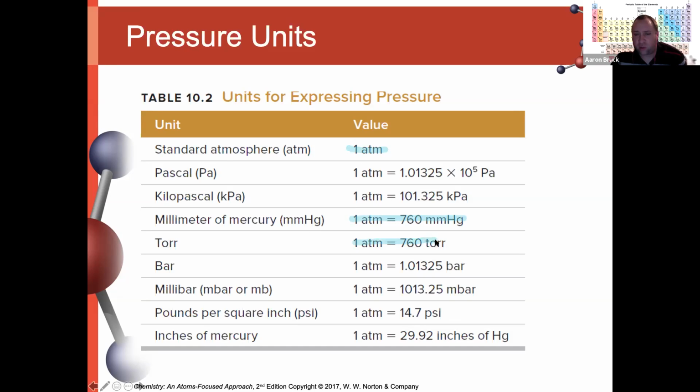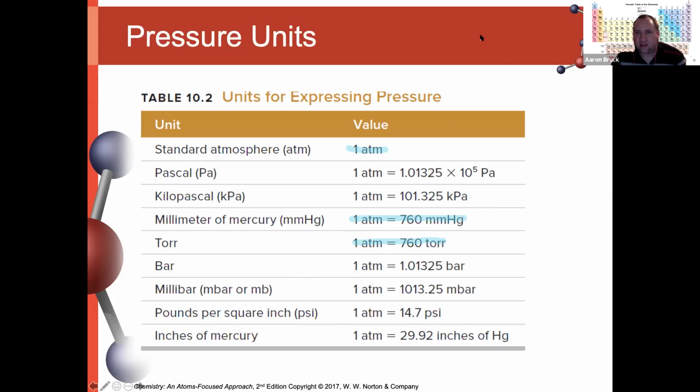Millimeters of mercury, or torr, these are the same thing. Torr comes from an abbreviation of Torricelli's last name. And so this is thought of as kind of a tribute to him for the work he did in inventing the barometer and bringing about a greater understanding of the way that we measure pressure.